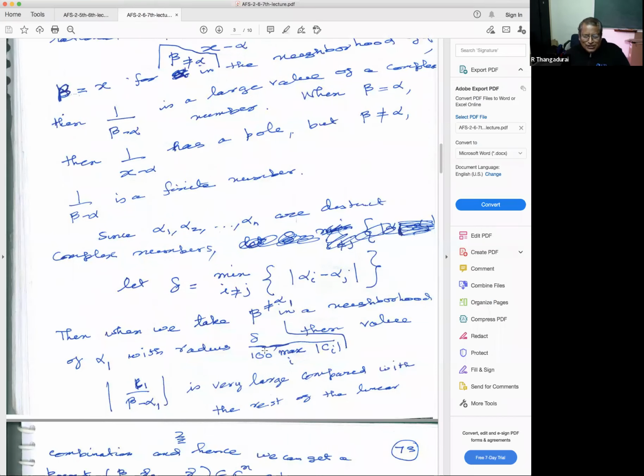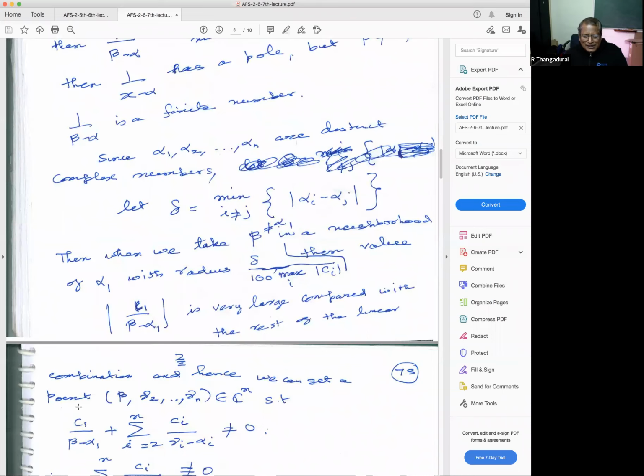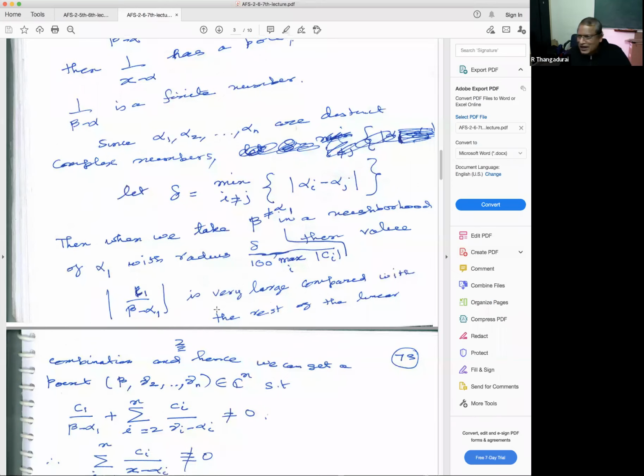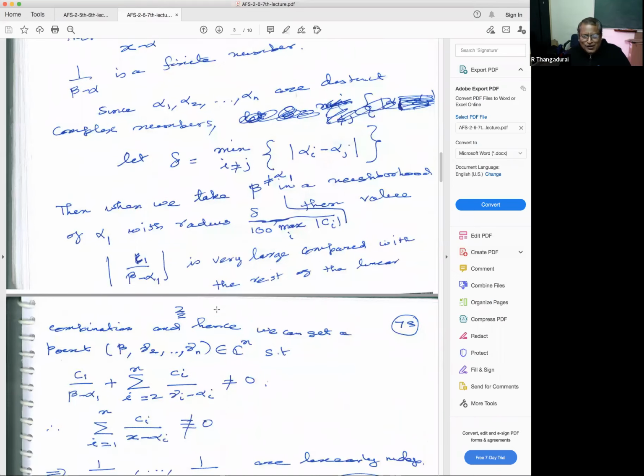So this means that one first term is huge, and the rest of the terms are a finite complex number, therefore they never can cancel each other when I put x equal to beta. This is a very intuitive proof.